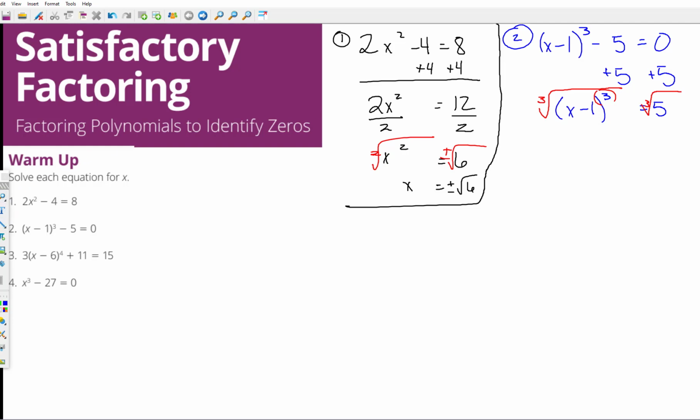So that means it doesn't have the plus or minus. So x minus 1 is equal to the cube root of 5. What do I need to move over next? The 1. So x is equal to 1 plus the cube root of 5.